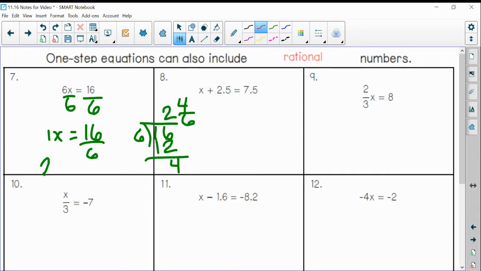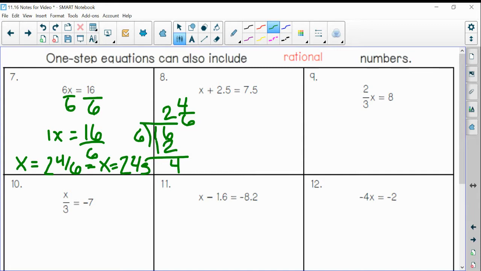X is equal to 2 and 4 over 6, which I can then additionally simplify to 2 and 2/3.